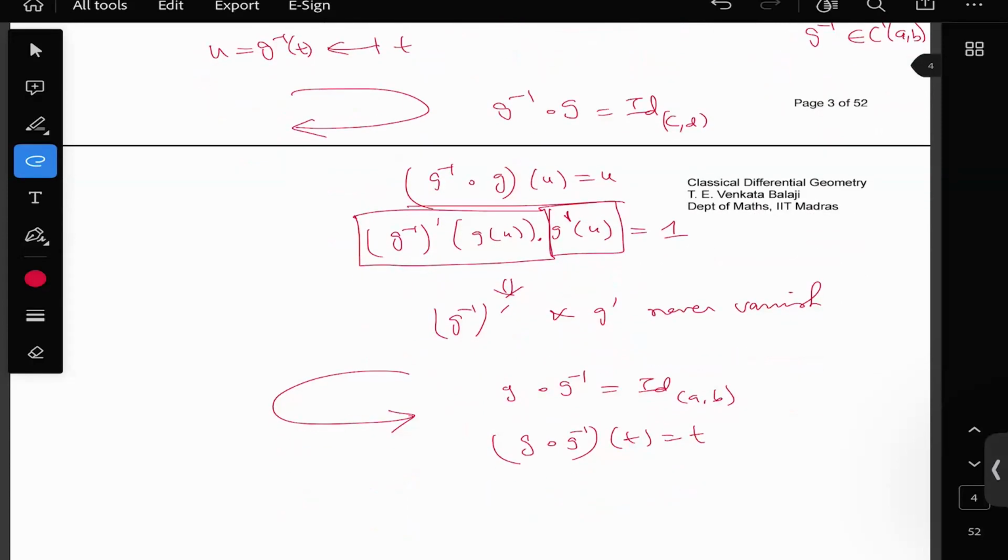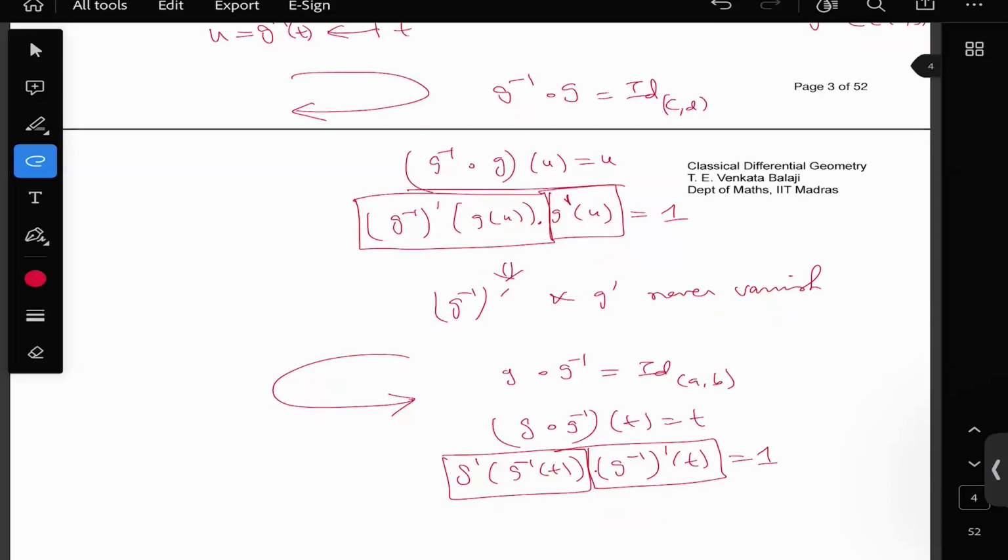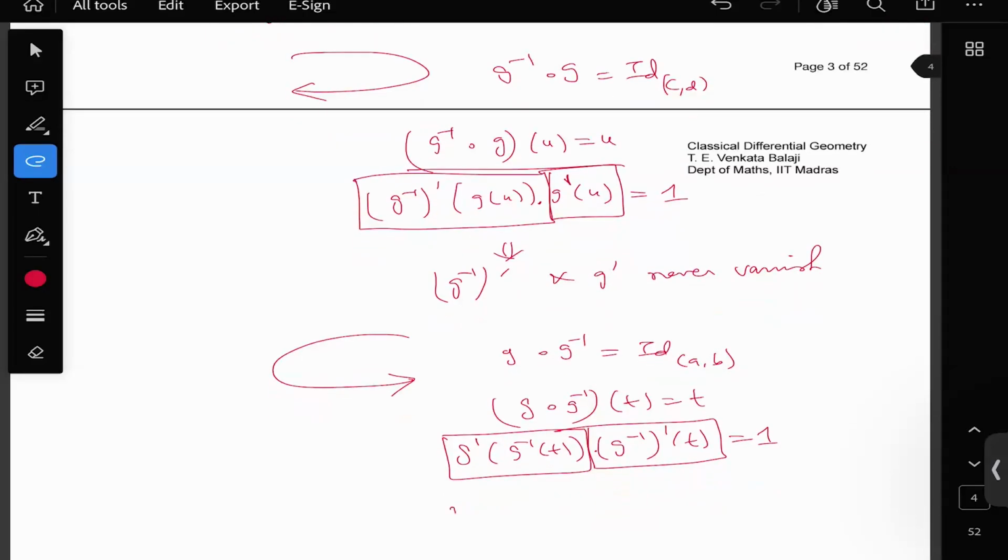Again you differentiate with respect to t now, and you will get the same thing. Basically you will get g dash of g inverse of t times g inverse dash of t is equal to 1. Again this tells you that g dash multiplied by g inverse dash is 1, so neither can vanish. So this is also giving the same thing: g inverse dash and g dash can never vanish.